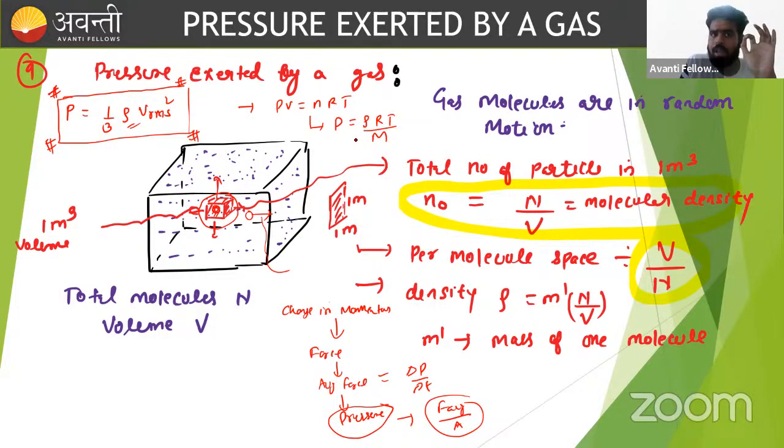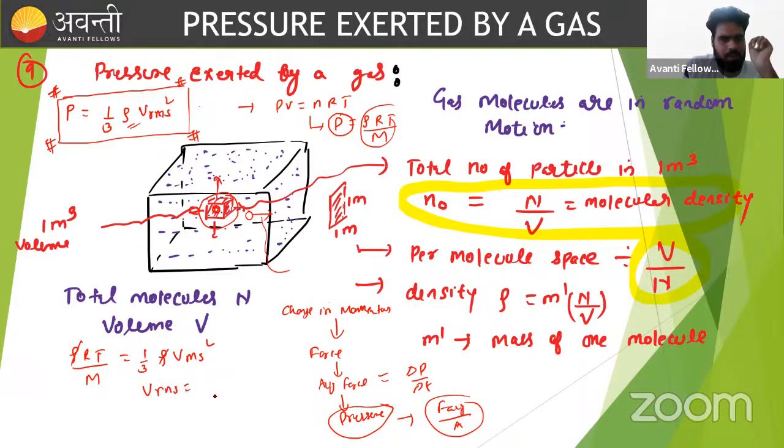If we put the value of P in equation number 1, we get rho RT upon M equals 1 by 3 rho V RMS square. Rho and rho cancel out, and V RMS square is 3 RT upon M.